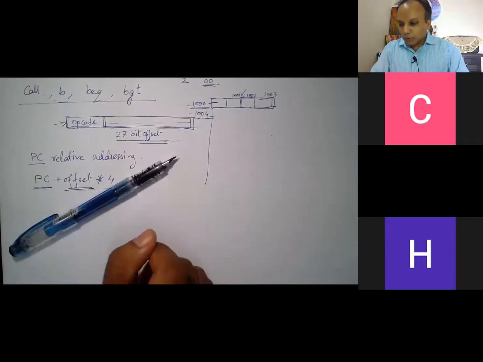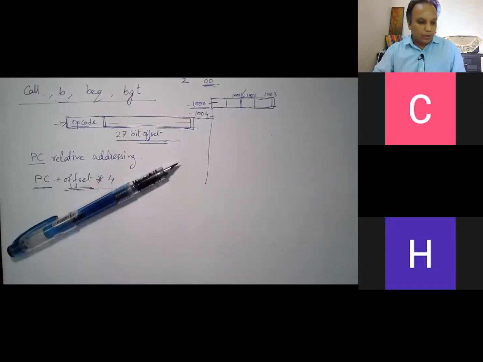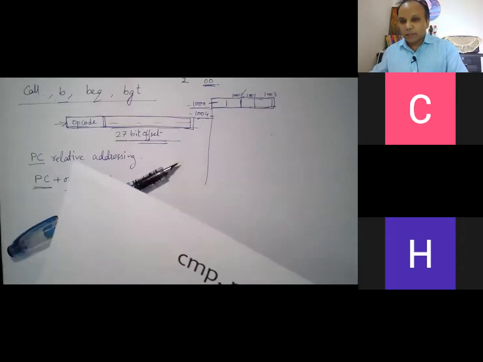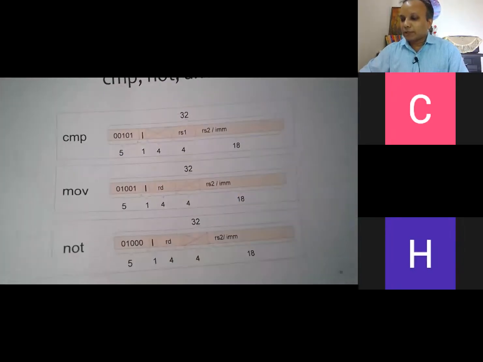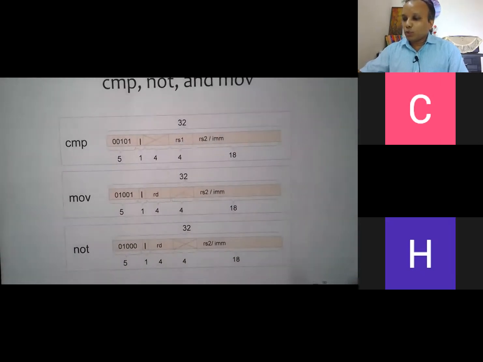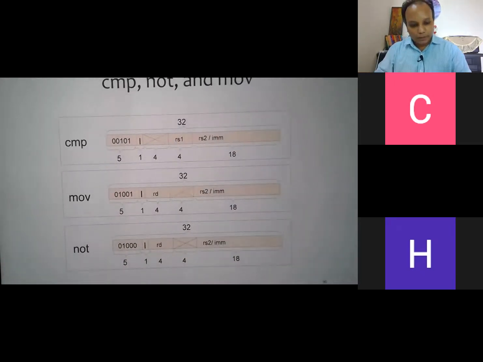So we have looked into the instruction cases with three operands, where one of the operands can be immediate as well. The things which we could not look at in the last lecture were instructions which have only two operands, like compare, then not and move.